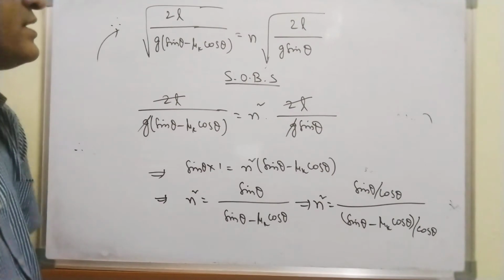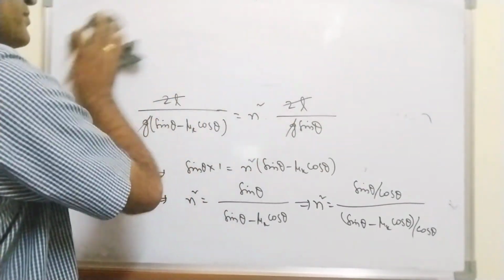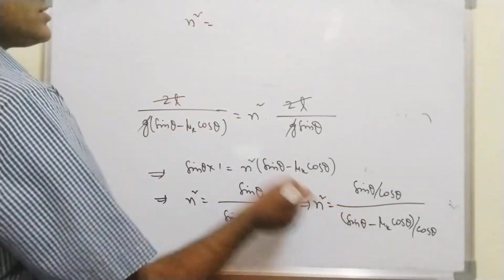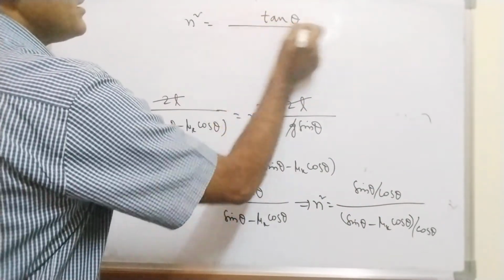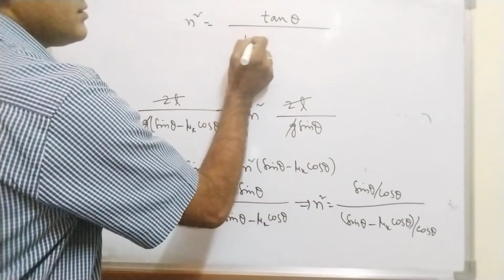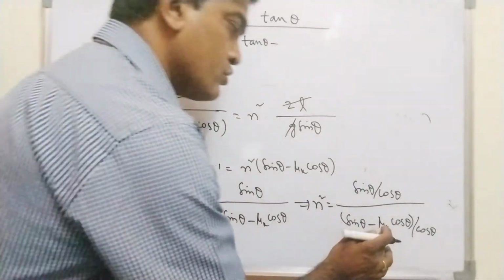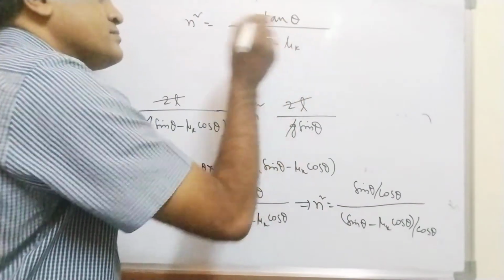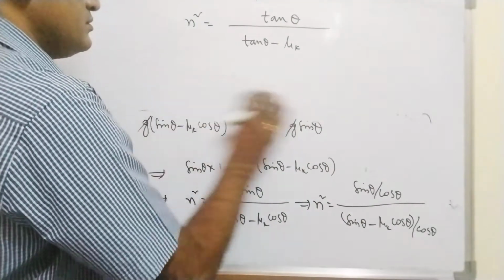So n square is equal to sin theta by cos theta, which is tan theta, divided by sin theta by cos theta, again tan theta, minus mu k into cos theta by cos theta, which is 1. So simply what you get is tan theta minus mu.